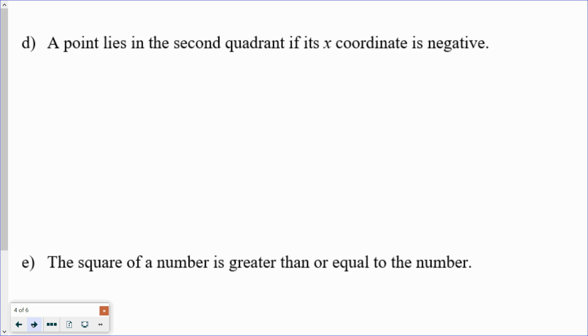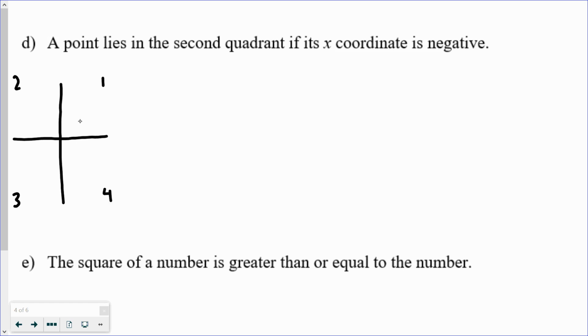A point lies in the second quadrant if its x-coordinate is negative. So first you need to remember how to number your coordinates. So this is actually quadrant 1, quadrant 2, quadrant 3, and quadrant 4.